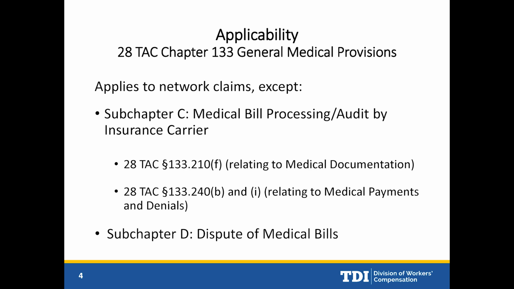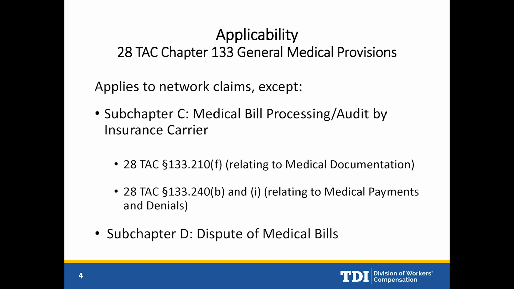Also, Rule 133.240, B and I. B is about denying health care for medical necessity retrospectively after it has already been pre-authorized or voluntarily certified. And I is related to reconsideration.